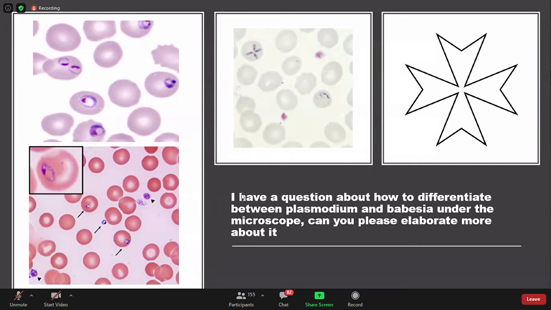Any other queries? Do we need to know every step of the life cycle? Or is knowing infective and diagnostic stages enough? I've had this question before. I don't understand how you can recall infective and diagnostic form without recalling the life cycle. How? One moves on to the other, right?